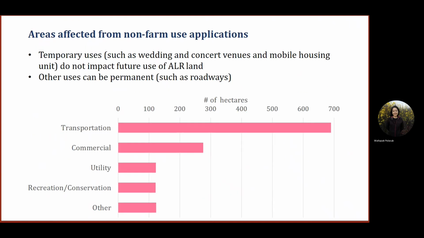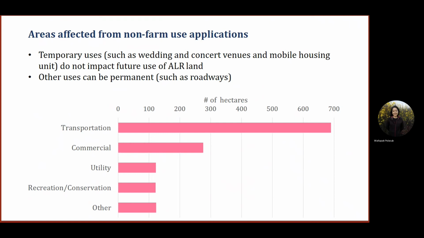And here we take a look at non-farm use applications and the area that is affected, because sometimes each application of non-farm use is quite different. Some uses can be temporary, such as applying for the land to be used as a wedding or concert venue, or putting a mobile housing unit on it.